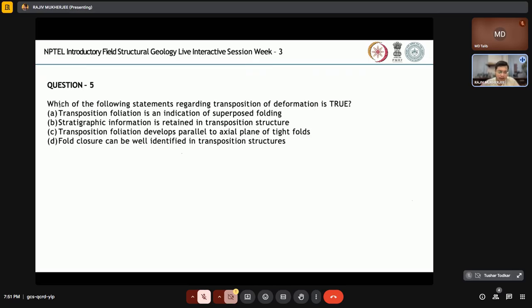And option D, fold closure can be well identified in transposition structures. If you are not familiar with the concept of transposition, then we will discuss what transposition means, and from there we can interpret the correct answer from these four options. But if you already know what transposition is, then I would pause for a minute to give you some time to think about the right answer for this question.